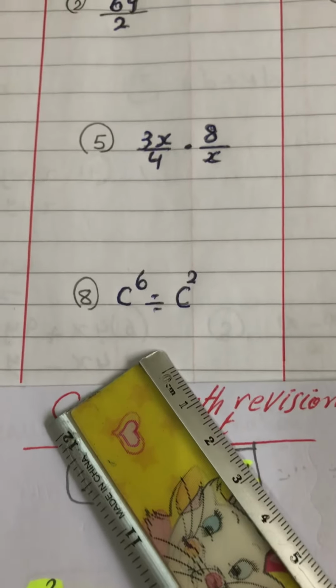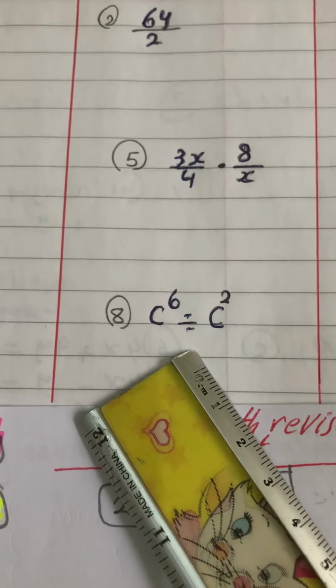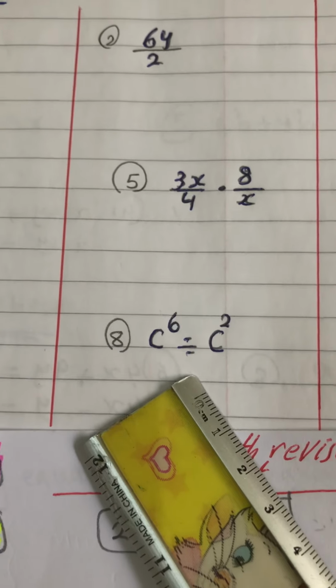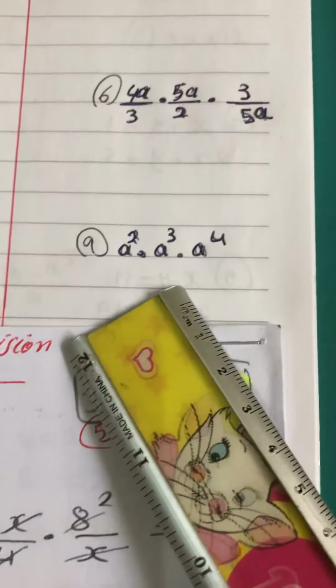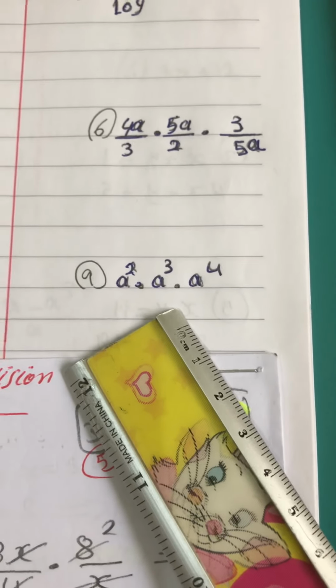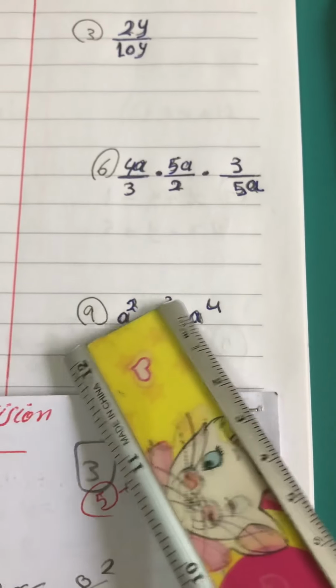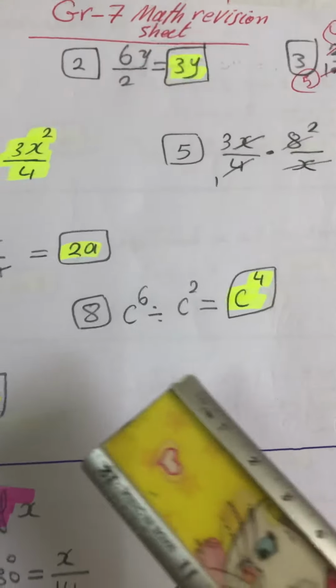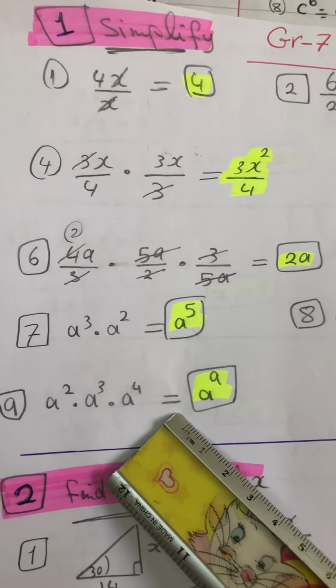In the case of division, for the same base, I'll subtract the power. c^6 divided by c^2 will be c^4, because 6 minus 2 equals 4. And here I'll multiply all of them together, the same a, so I'll write a just one time and add the powers. 2 plus 3 plus 4 equals a power 9. I think it's a very easy problem.